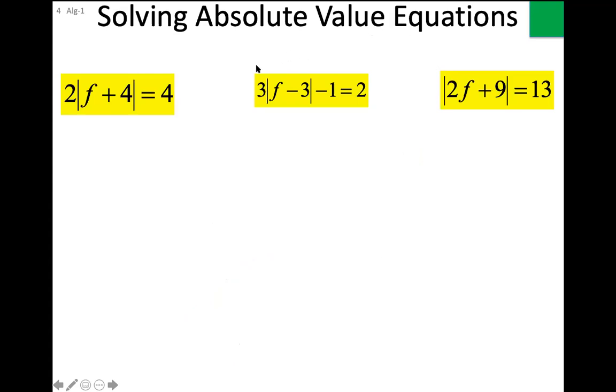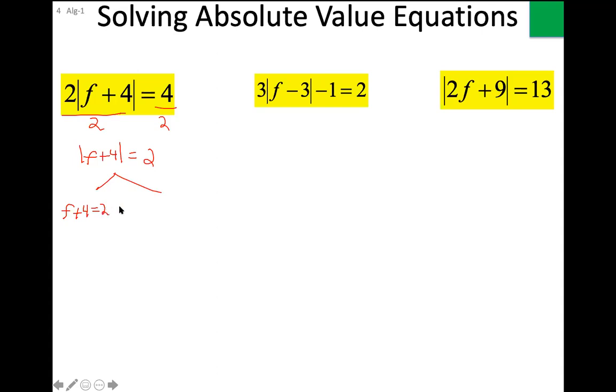All right, let's see. On the first one, we got to divide both sides by 2. That gives me the absolute value of f plus 4 is equal to 2. We write the 2 equations. The first one is just f plus 4 with the 2.